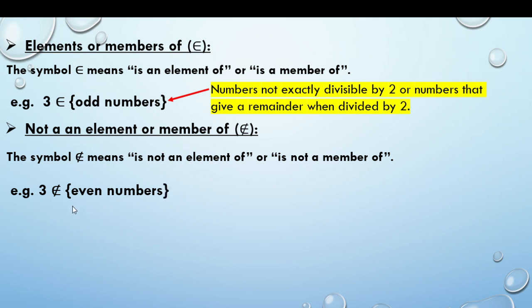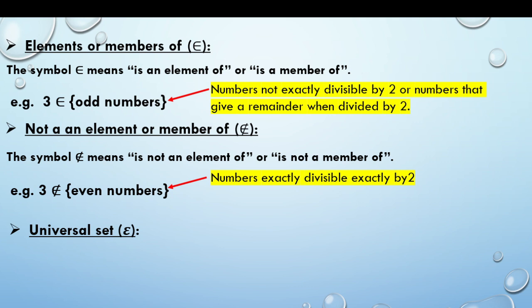E.g., 3 is not a member of even numbers. What are even numbers? These are numbers divisible exactly by 2.